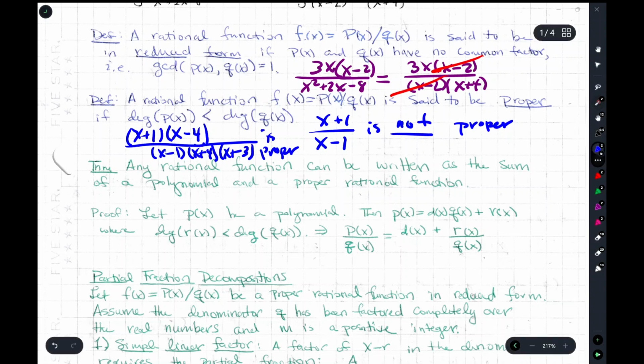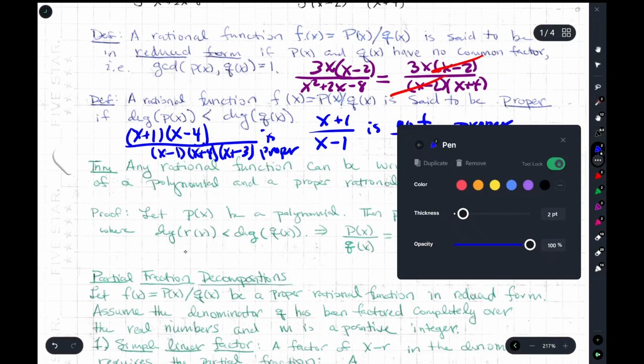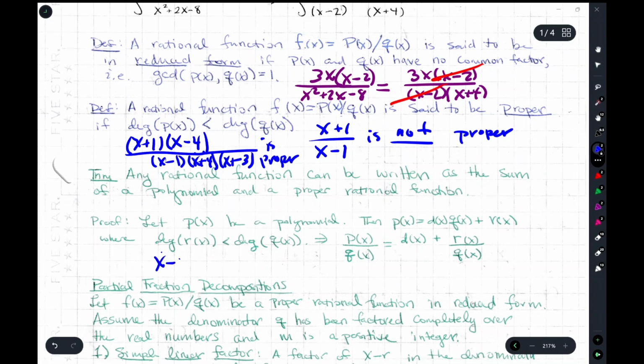And how this is done, if we take, for example, x plus 1 divided by x minus 1, how many times does x go into that? Well, that's 1. And so you'll get x minus 1 and a remainder there. If you subtract these two, you'll get a remainder of 2.